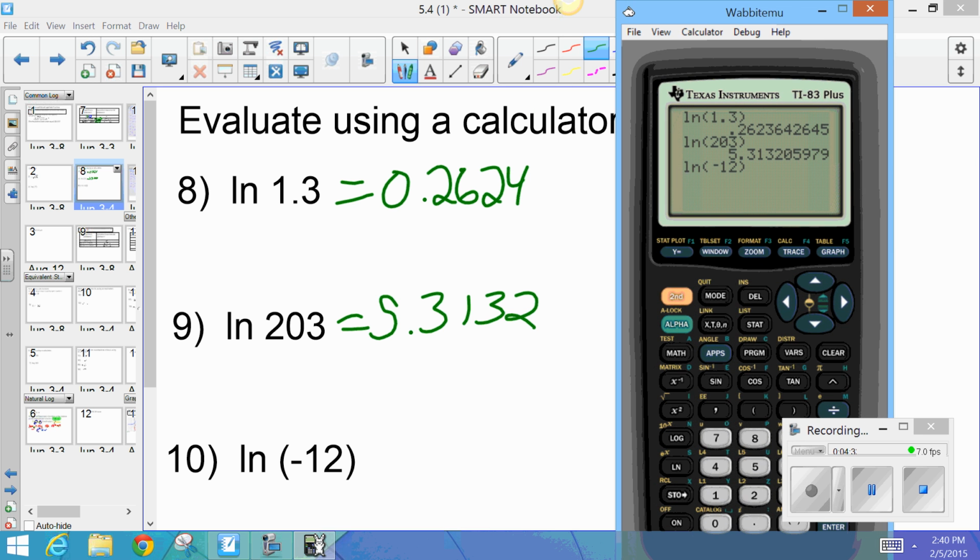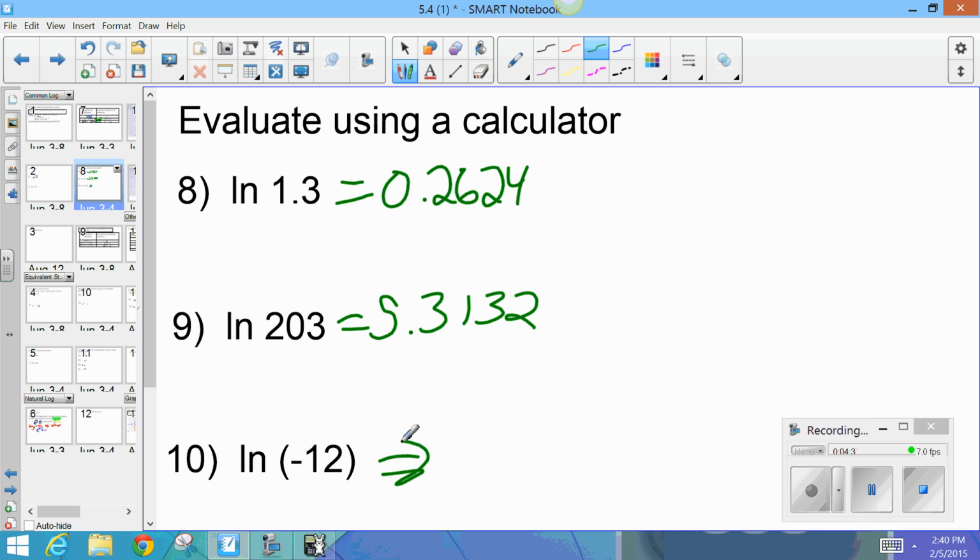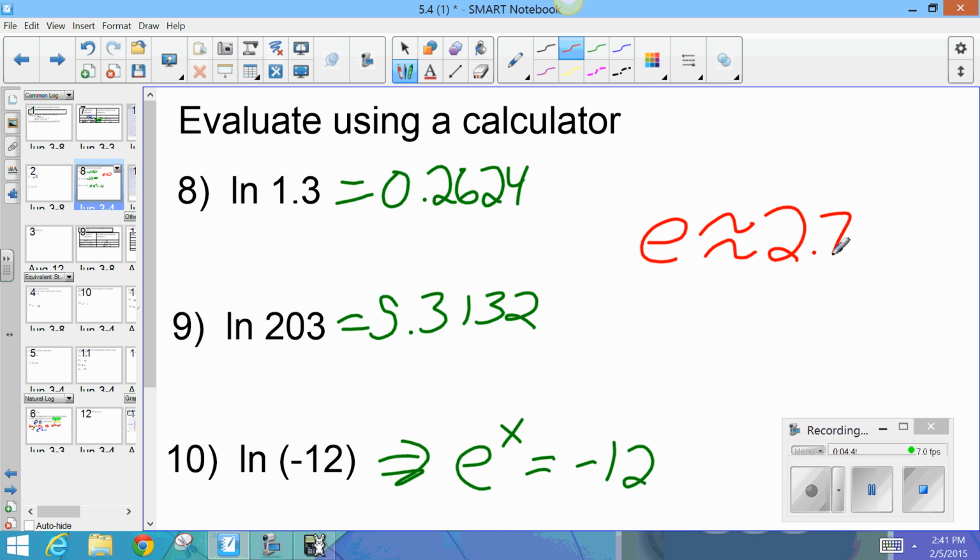What this says is, an equivalent statement can be written as e to the power of something equals negative 12. Well, we know that e is approximately equal to 2.718.